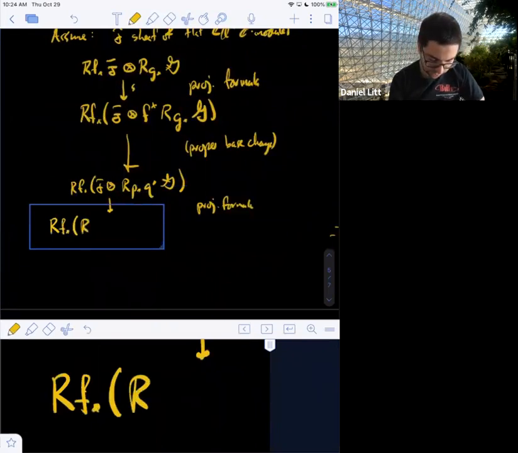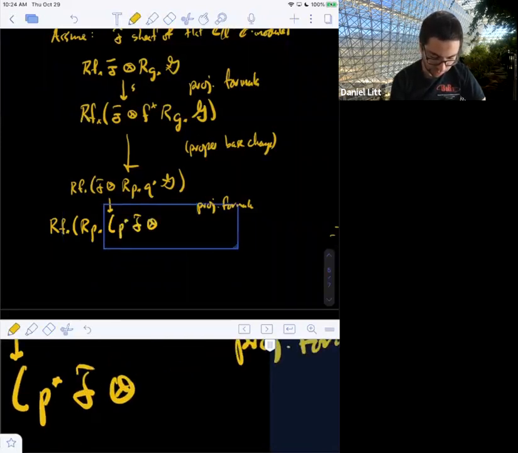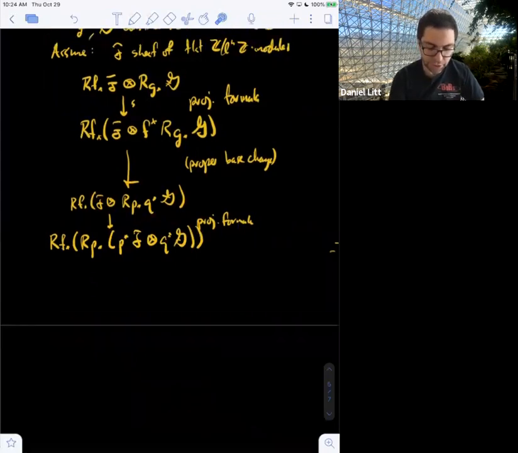We get our p lower star of the box tensor product of f box G. Let me actually write it out, of p upper star f tensored with q upper star G. So all I did is rewrite this inner term using the projection formula. Okay, and now we're done.